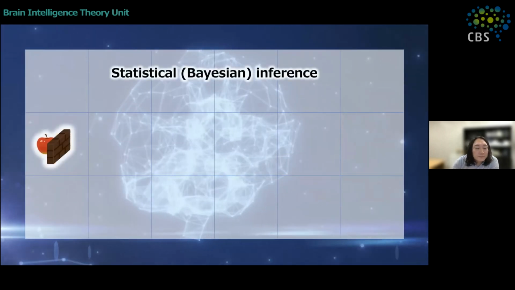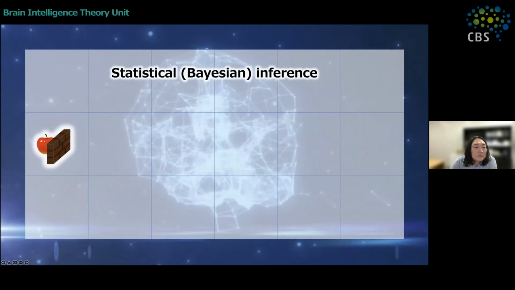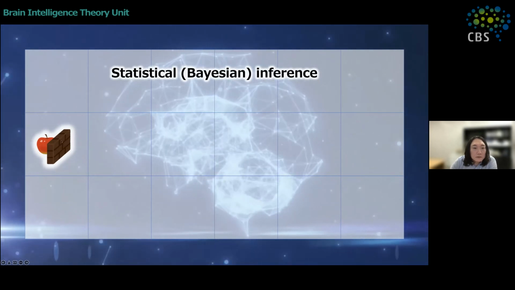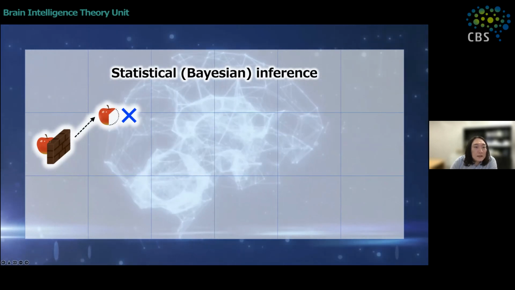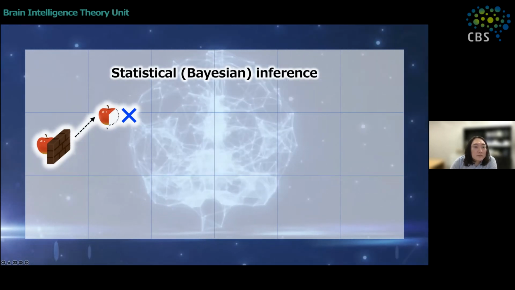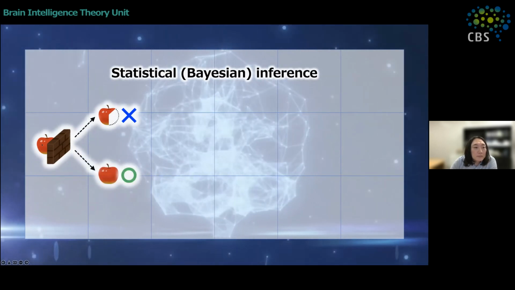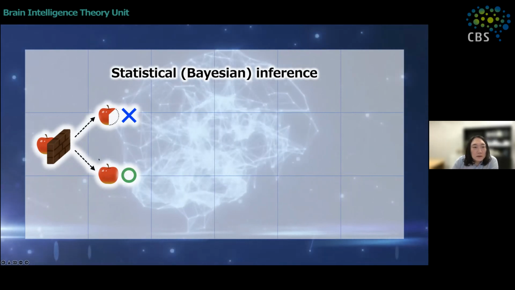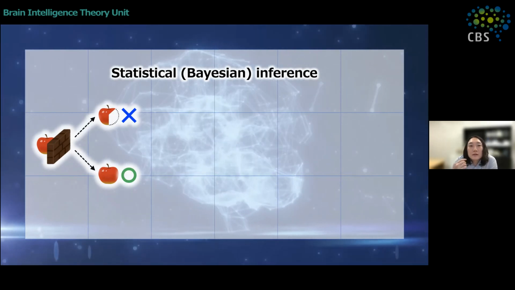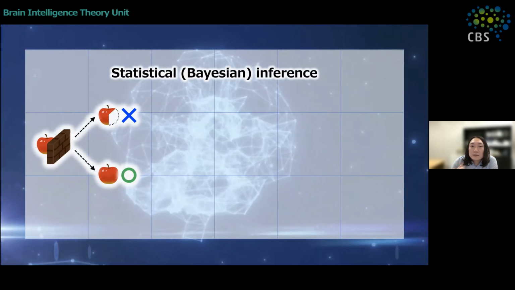For example, if there is an apple nearby the wall, we don't think this apple is cut in the shape of the wall, but we usually think a part of the apple is covered by the wall. So this kind of inference can be explained by statistical inference.